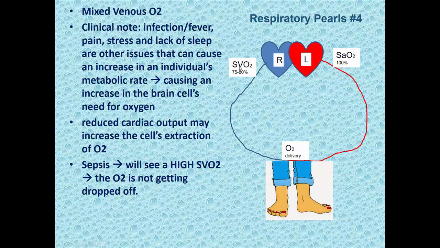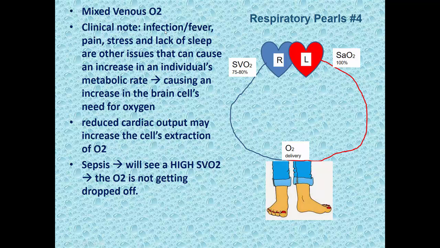So what would make this venous saturation dramatically go down? These are the things that increase tissue metabolism, or the metabolic needs of the tissue. When the tissue needs more O2, it's going to grab more off that truck. So look at the list here.